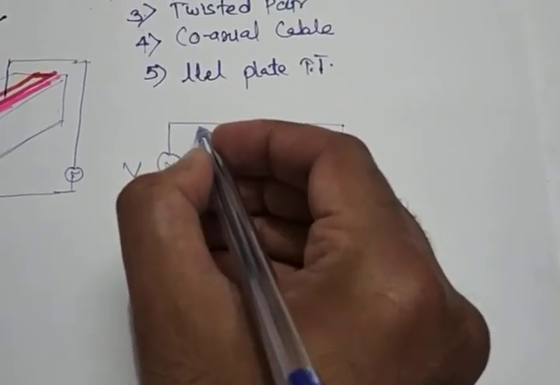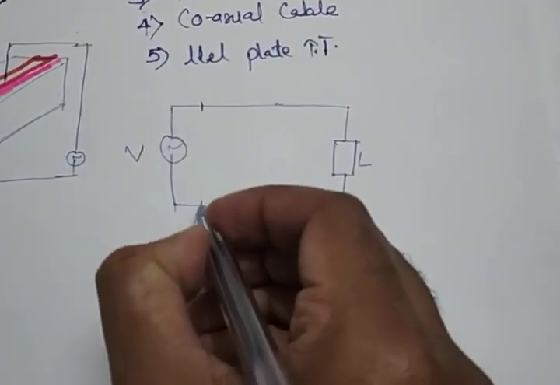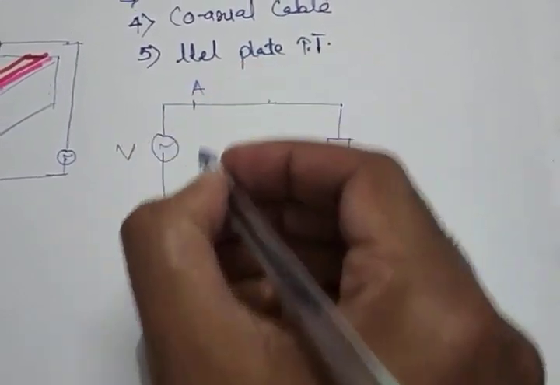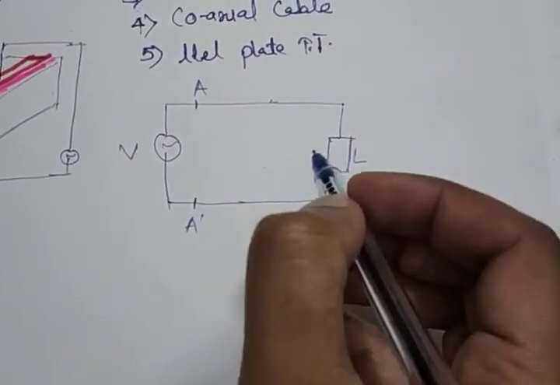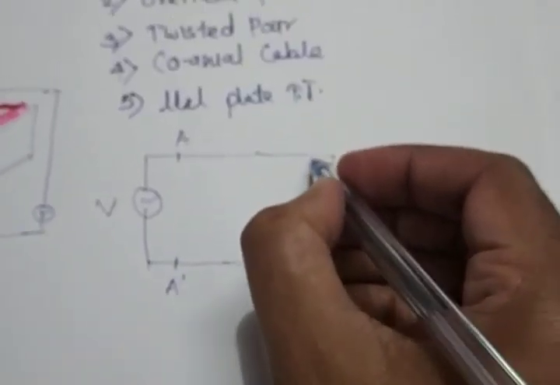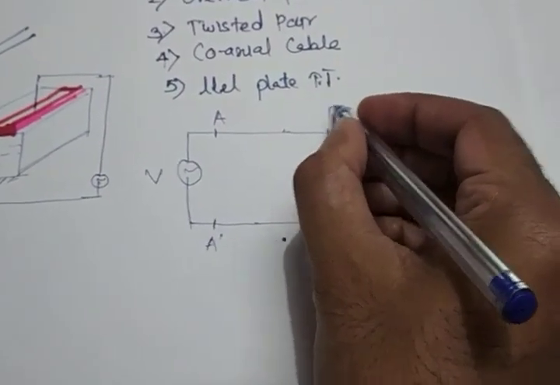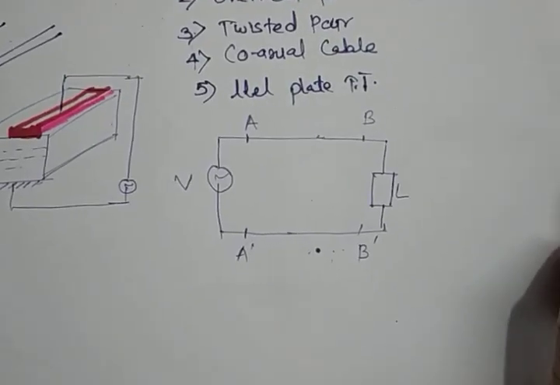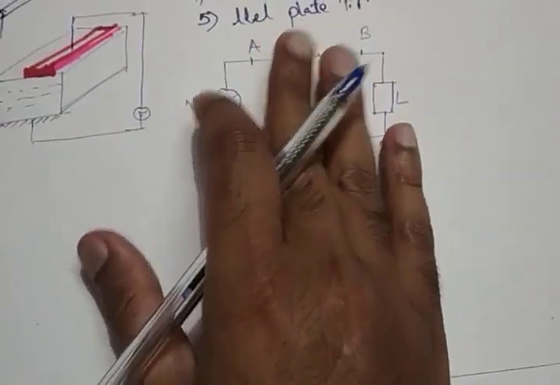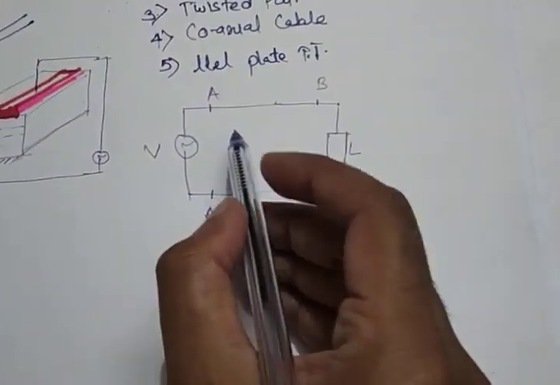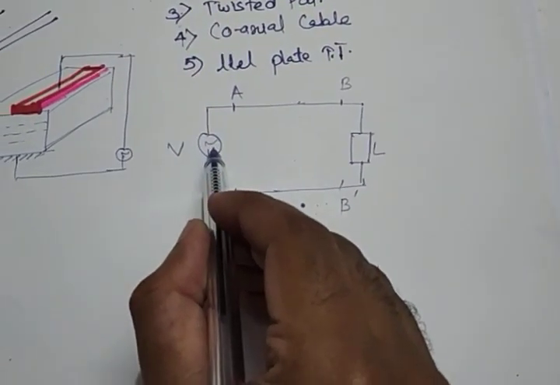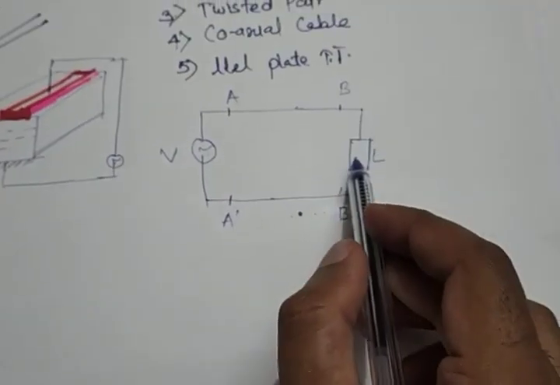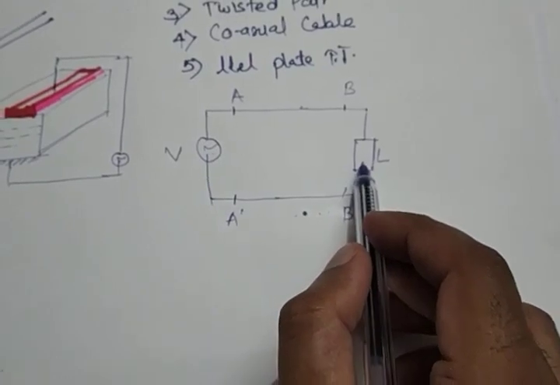Let us consider at the input side we have points A and A dash, and at the output side we have B and B dash. What we are saying is that when our signal starts at the input, it takes some time to reach the output.